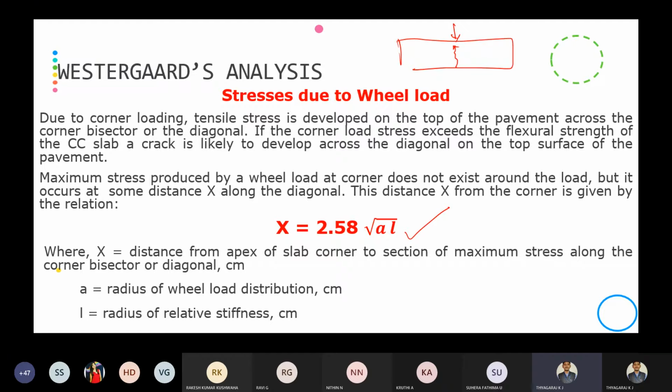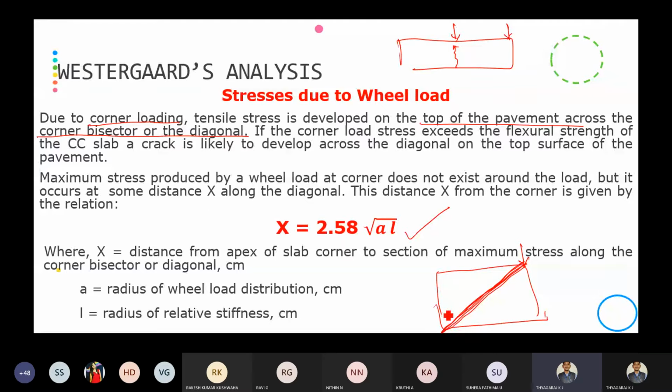Due to corner loading, when you apply the load to the corner of the cement concrete pavement, the tensile stress is developed on the top of the pavement across the corner bisector of the diagonal. Okay, the tensile stresses are going to develop at the diagonal position.